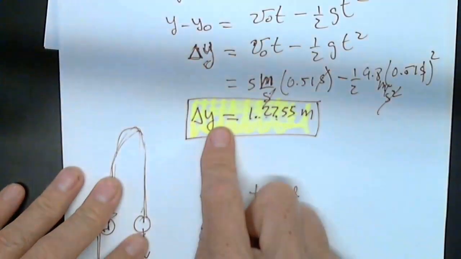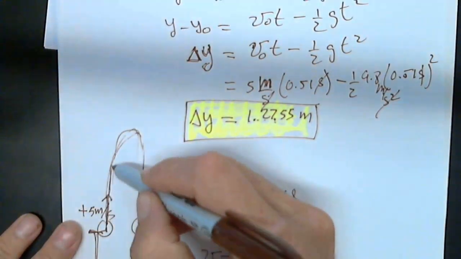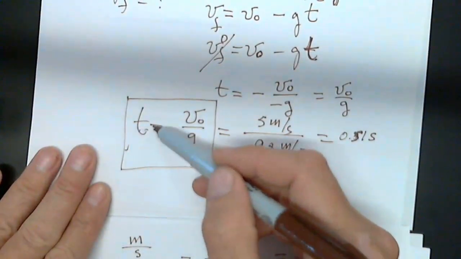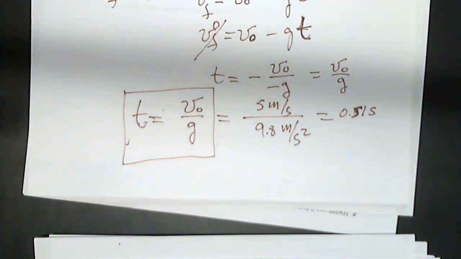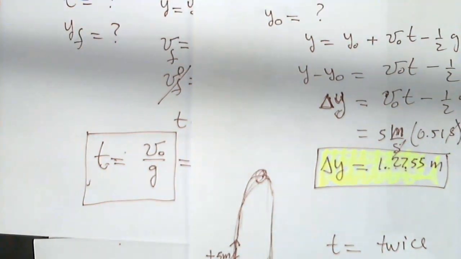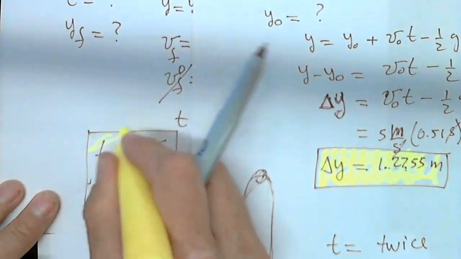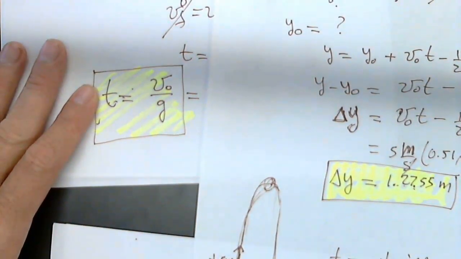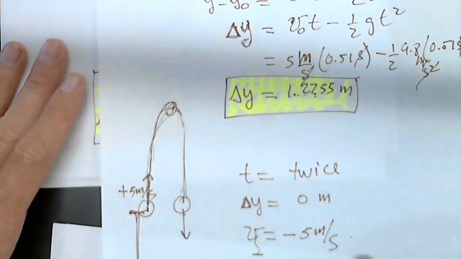We found how far it goes up and how long it takes to go all the way to the top. Again, these are the two equations. How long does it take to go to the top? And how long does it take to be back?